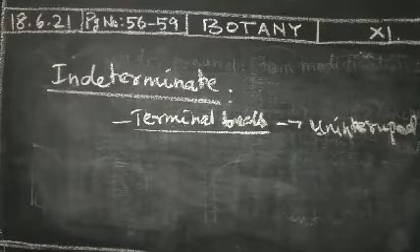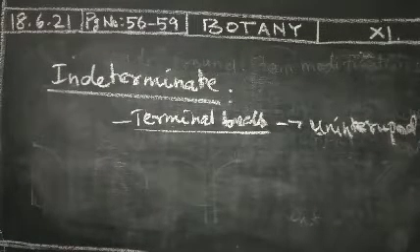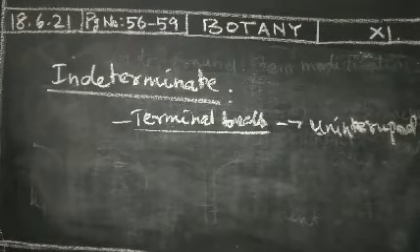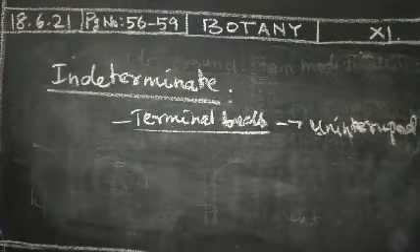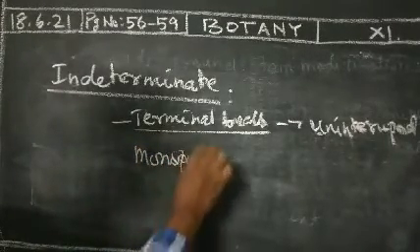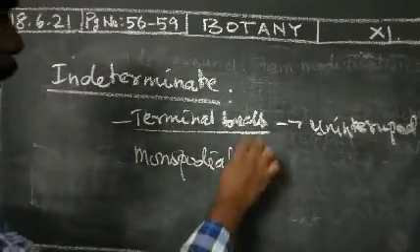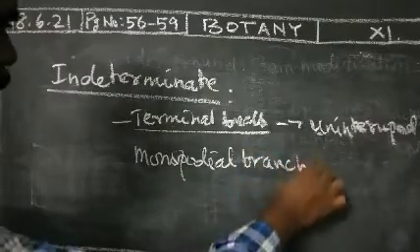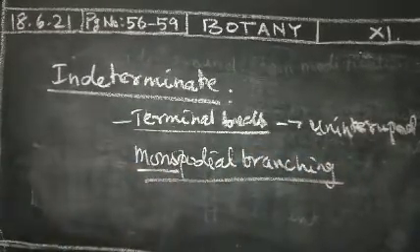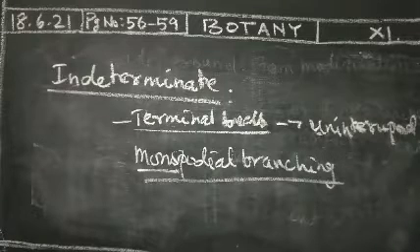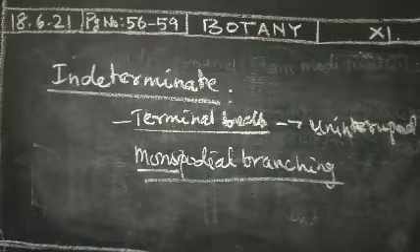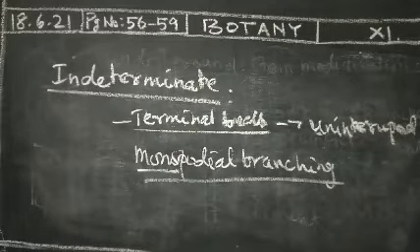For indeterminate growth, the branching is called monopodial branching. Mono means single. The growth is uninterrupted. That is called monopodial branches. For example, Polyalthia.